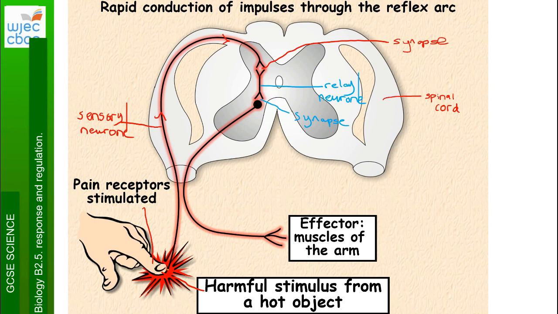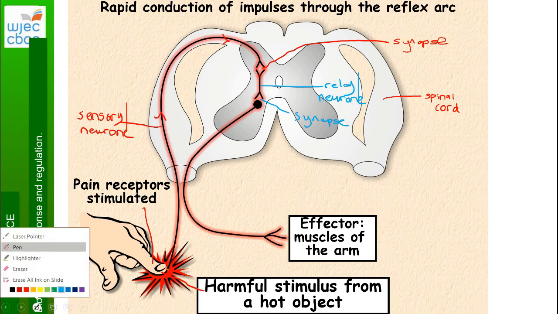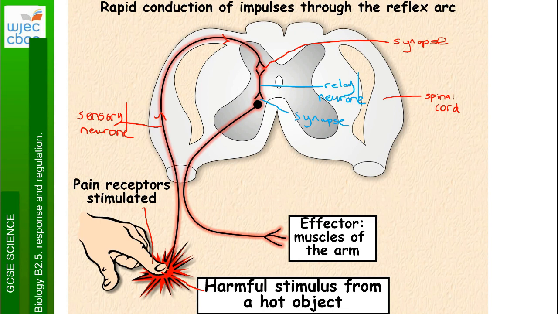From the relay neuron then, the information is sent to the motor neuron, which you're asked to do in green. So if you draw this neuron in green, and again we'll put a couple of arrows on there to show which direction the impulse is travelling, and this then is the motor neuron.